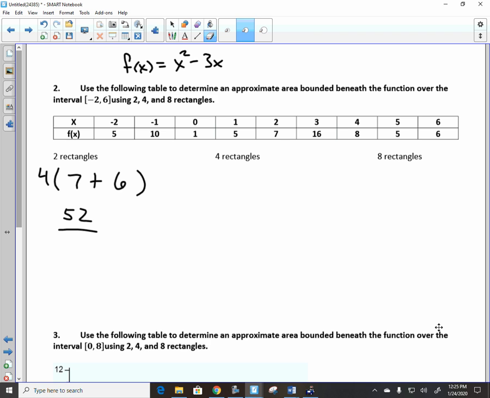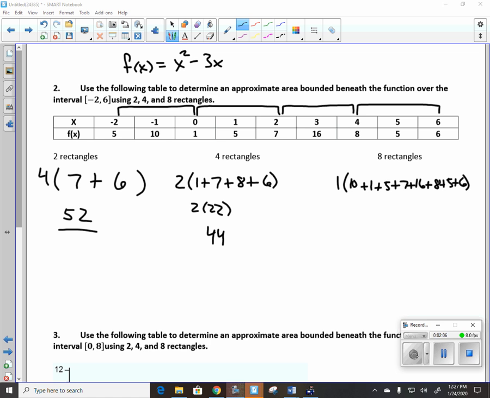See if you can do 4 rectangles on your own. Go. So 4 rectangles should come up with 44. If you do 8 rectangles, what's the width of each one? It'll be 1. And as you look here, our first interval, and again, you're going to evaluate the height at the right end, -1, which would be 10.